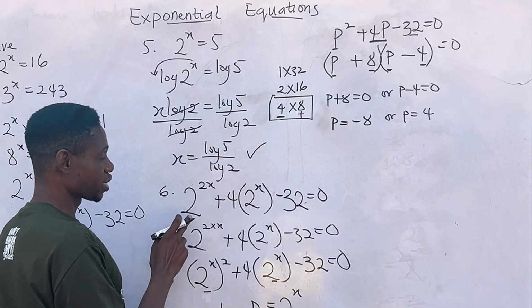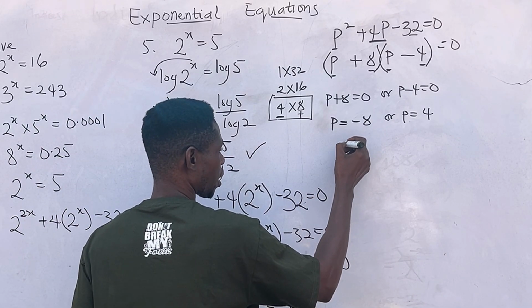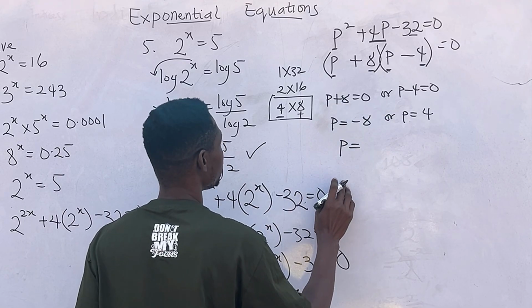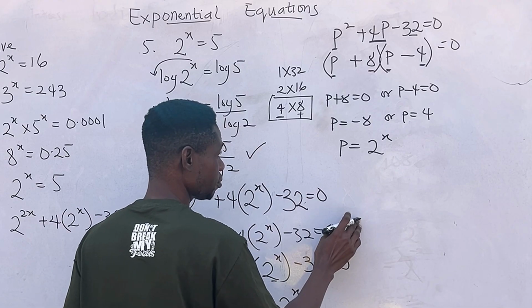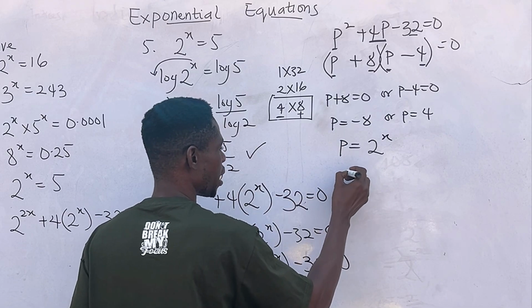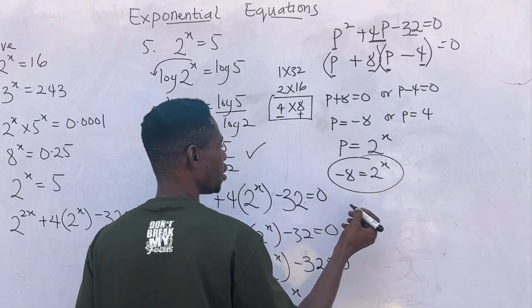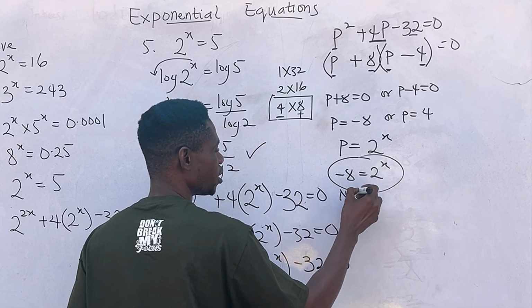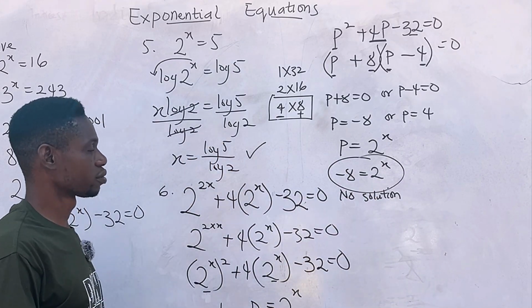What we're looking for is actually x. Just recall that P is equal to 2 raised to the power x. Now in this first case, minus 8 being equal to 2 raised to the power x is impossible. So here we say there's no solution.